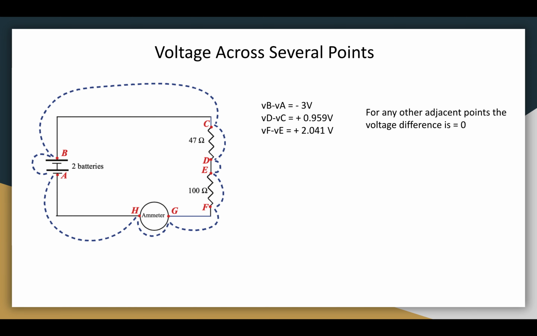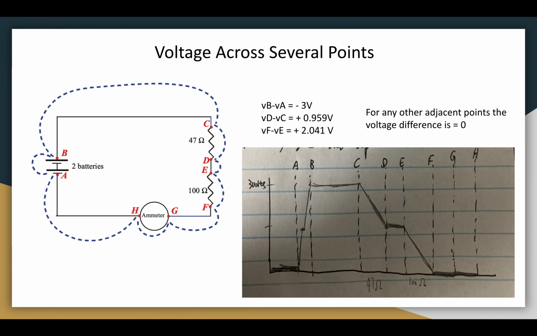Then I measured the voltage across several points, and since the wire has no resistance in this online lab, the only three places that have voltage difference are across the battery, which is -3 volts, across C and D, and E and F, where the two resistors are, and they add up together to be 0, complying with the loop rule. For any other places, the voltage difference is 0.